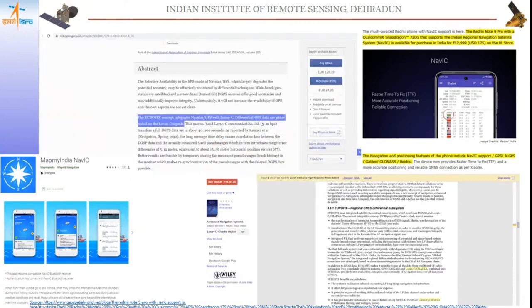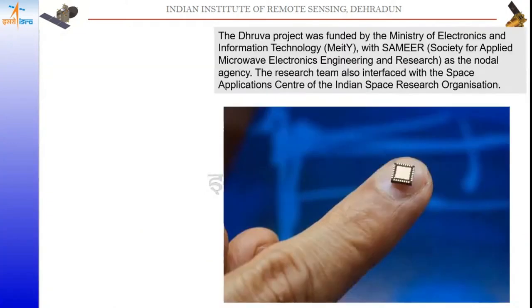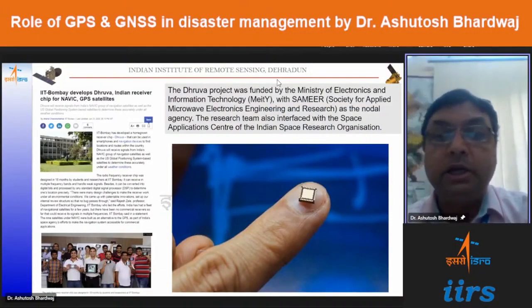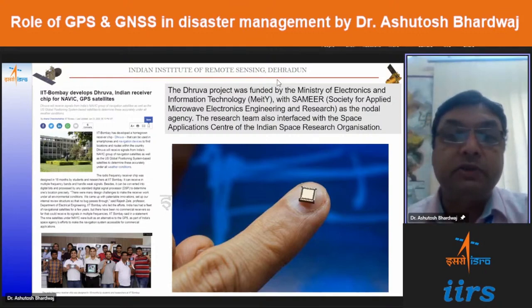Now this Eurofix service is available in the European region, as I was telling, wherein the satellite-based navigation system and the tower-based navigation system both have been combined. Now the miniaturization of the chip for the purpose of IRSS has also been successfully done by various agencies, including the IIT Bombay, in a collaborative program with METI, that is the Ministry of Electronics and Information Technology.